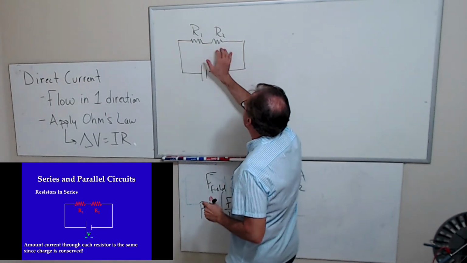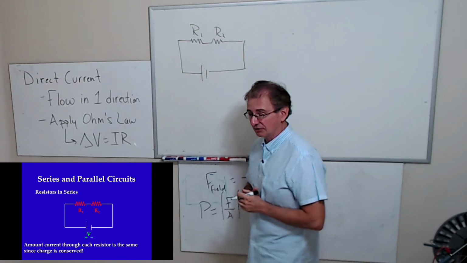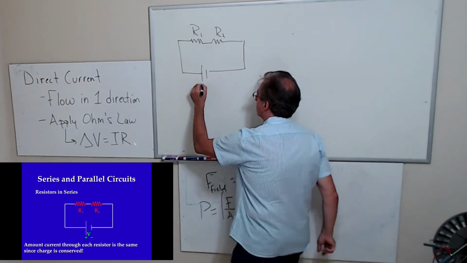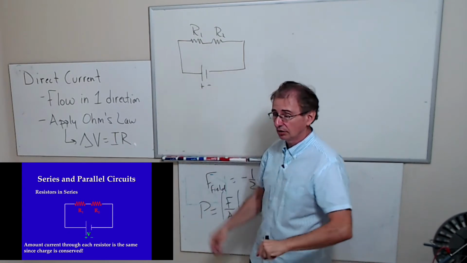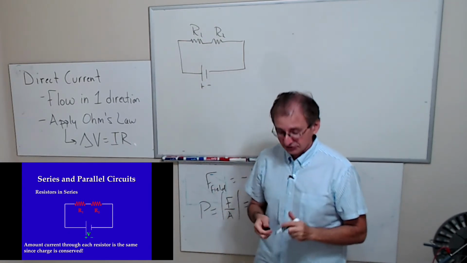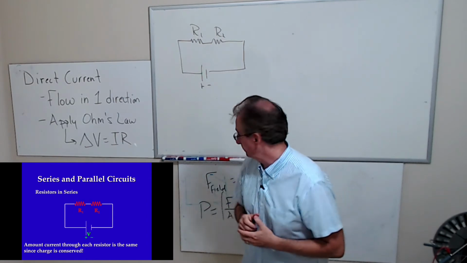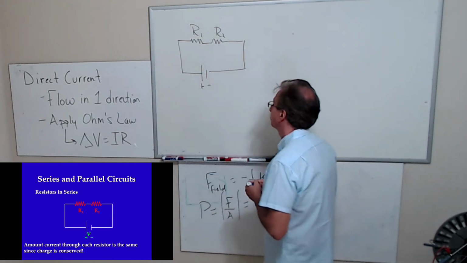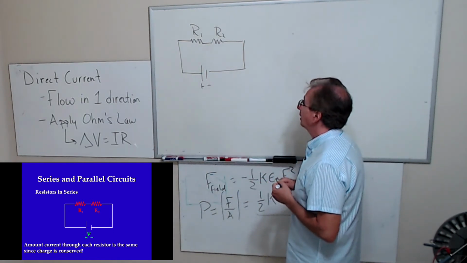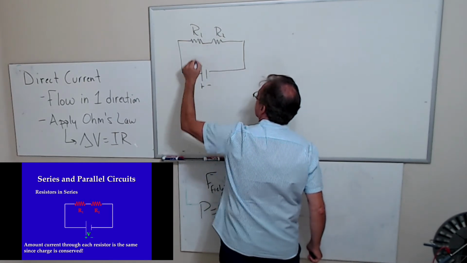But what happens when I connect two resistors in series to a power supply? Can I replace those two with a single resistor such that I get the same current? So what do we know here? Well, charge only has one path here.